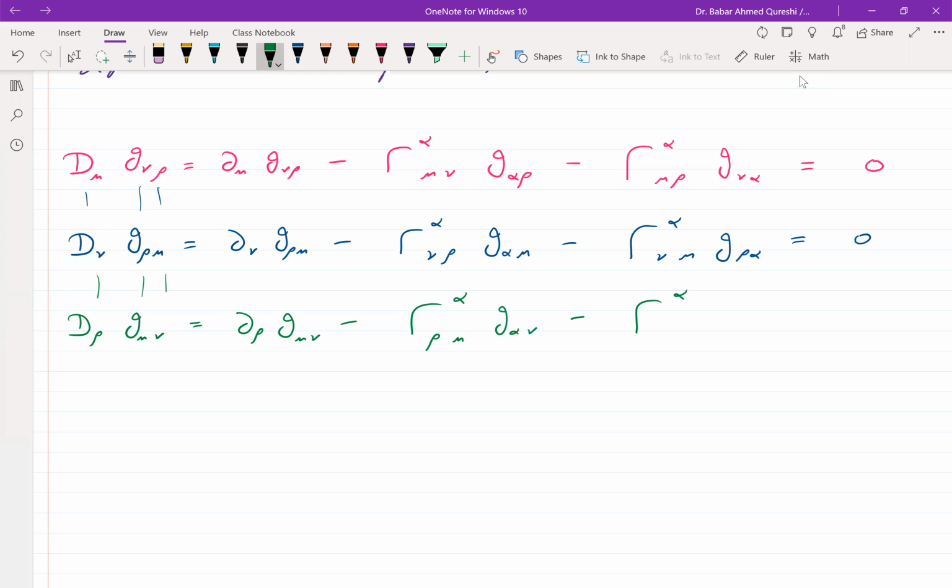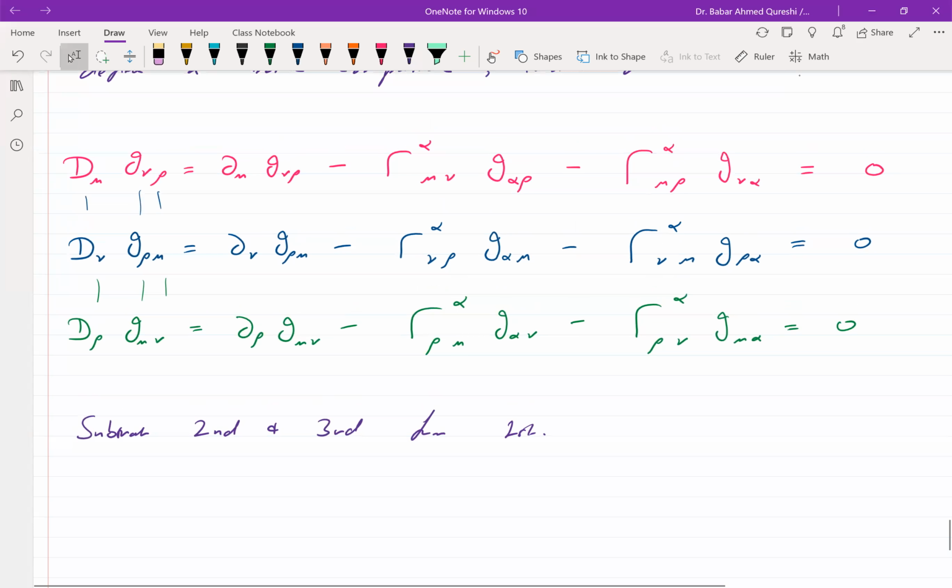So nu goes to rho, mu goes to nu, and rho goes to mu. Now I just subtract second and third from first. And if I've done things correctly, something nice will happen.